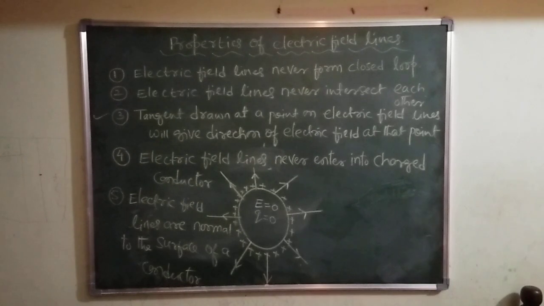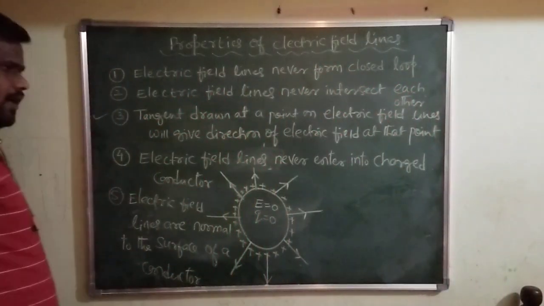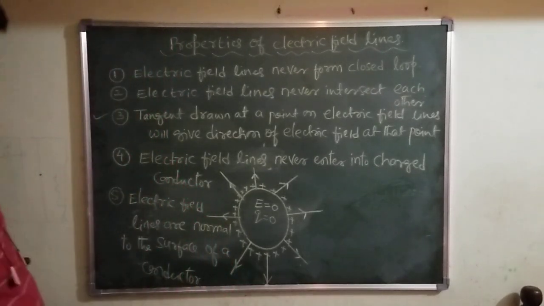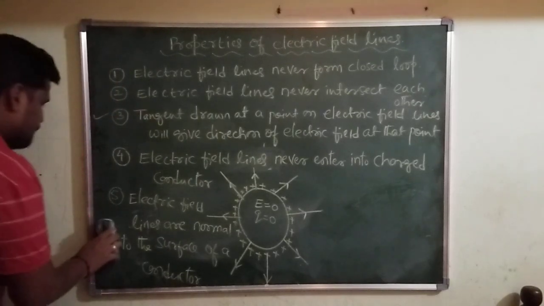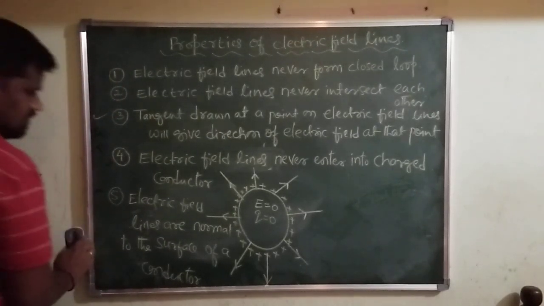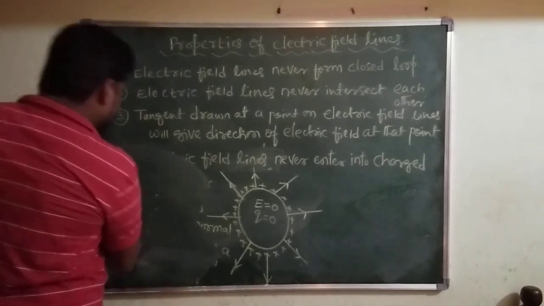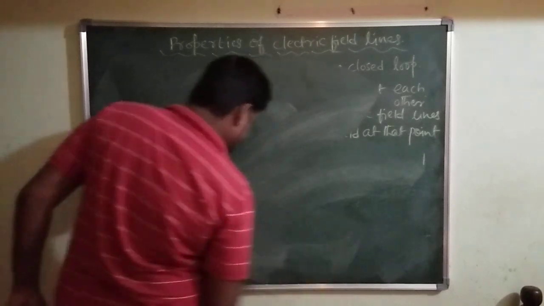Now I will go for some other properties of electric field lines. Directly or indirectly, those properties we discussed in the last class. Even though I will give you more information about the properties, we'll go for the 6th property of electric field lines.